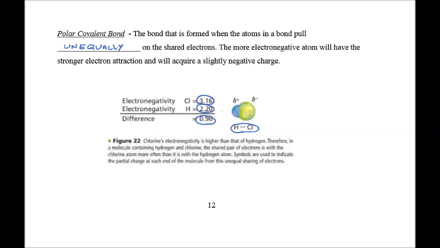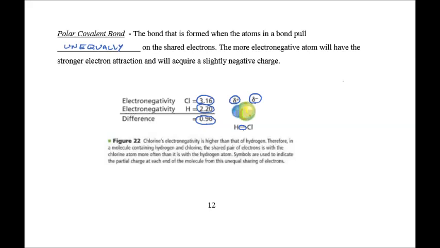Because chlorine has a higher electronegativity, it pulls the electron pair closer to it, and it ends up having a slight negative charge. Where the electrons are pulled away from, we end up with a slight positive charge. So the electron pair is pulled closer to the chlorine. And since electrons are negatively charged, we end up with a negative side to the molecule.